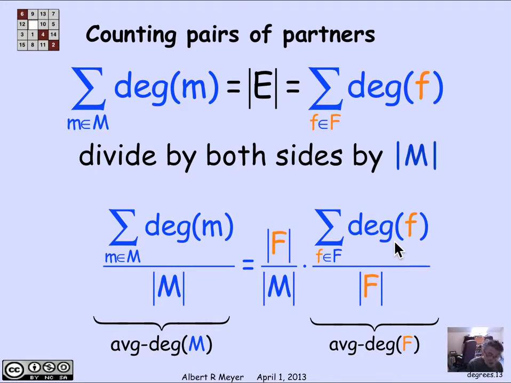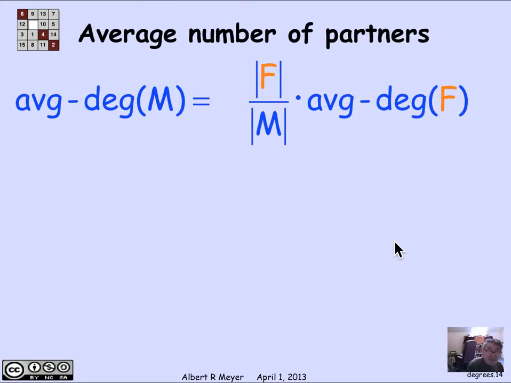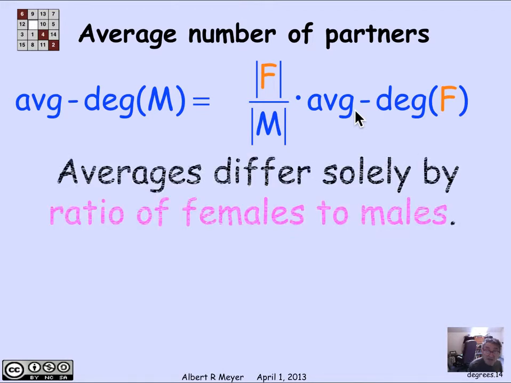And what we've just figured out then is that there's a fixed relationship between the average number of partners of men, the average degree of the M vertices, and the average degree of the F vertices. And these two average degrees, these average numbers of partners, are simply related by the ratio of the populations. The average men degree is the female population divided by the M population times the average degree of the females.